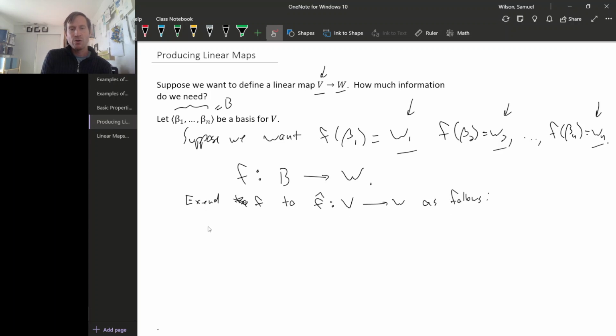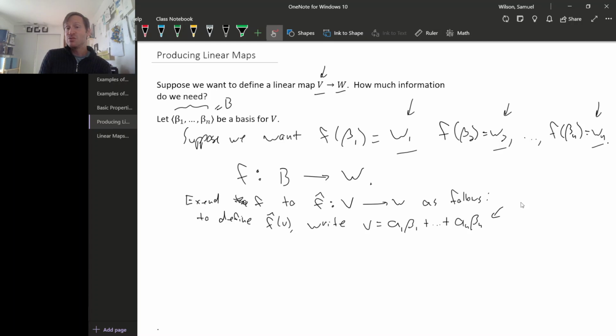All right, so to define f hat of v, we have to know what f hat does to any vector in V. First, write v as a linear combination of the basis vectors: a1 beta 1 plus dot dot dot up to a n beta n.